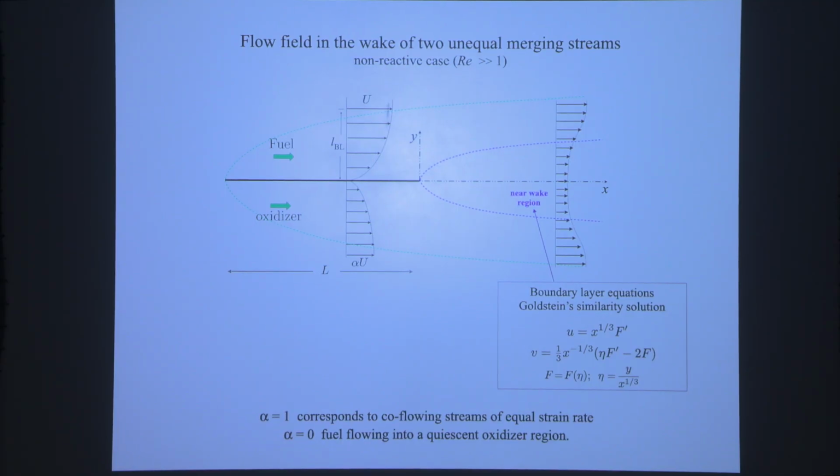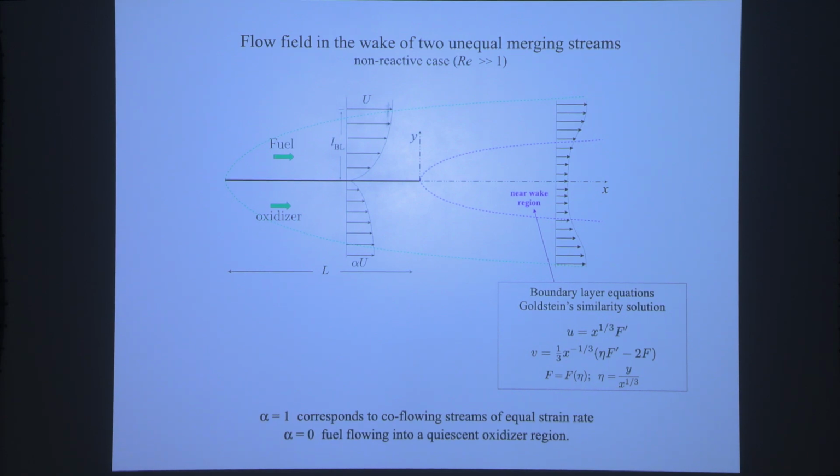So you assume a similarity solution, meaning that the solution depends not on x or y separately, but on eta, which is y divided by x to the 1/3. And when you make that assumption, the Navier-Stokes equation ends up as an ODE in eta, and you can relatively easily solve it. And it describes properly the flow field in this region.